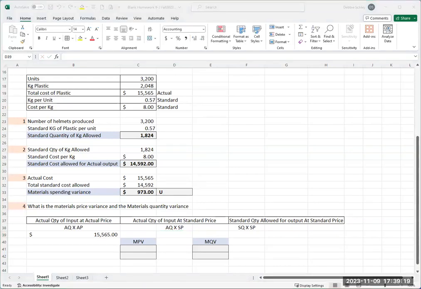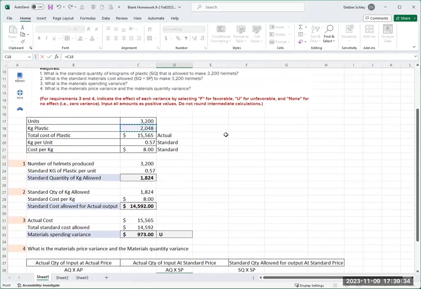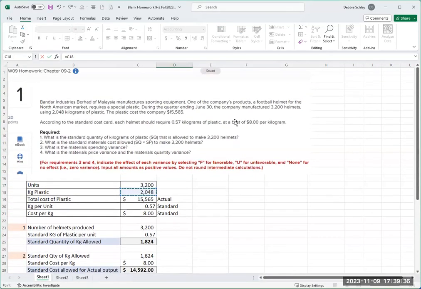Actual quantity, standard price. Okay, so they told us the actual quantity was 2,048 kilograms, and that was right here.